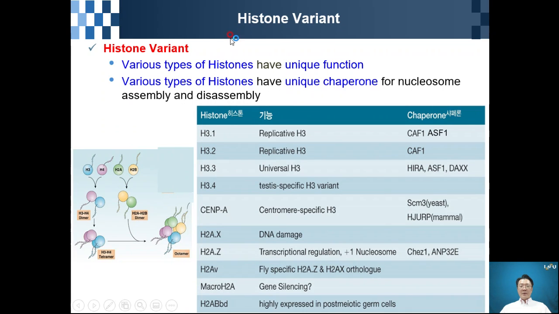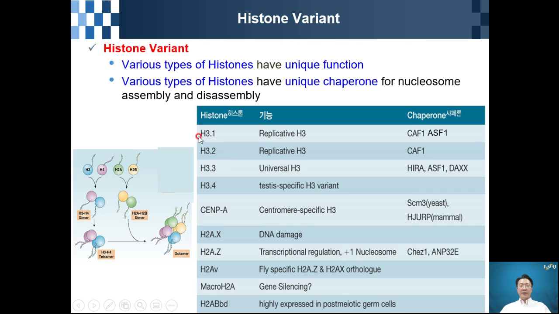Okay, so in this slide we will cover histone variants. In the previous slide we covered H3, H4, H2A and H2B histone proteins. Okay, in addition to these histone proteins, there are various types of histone variants available.